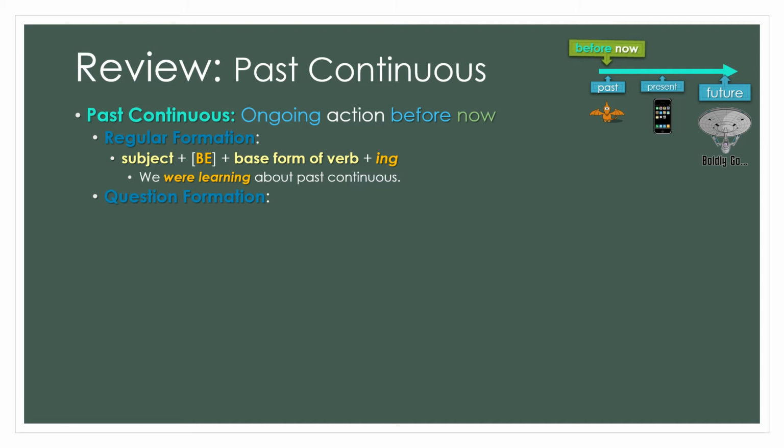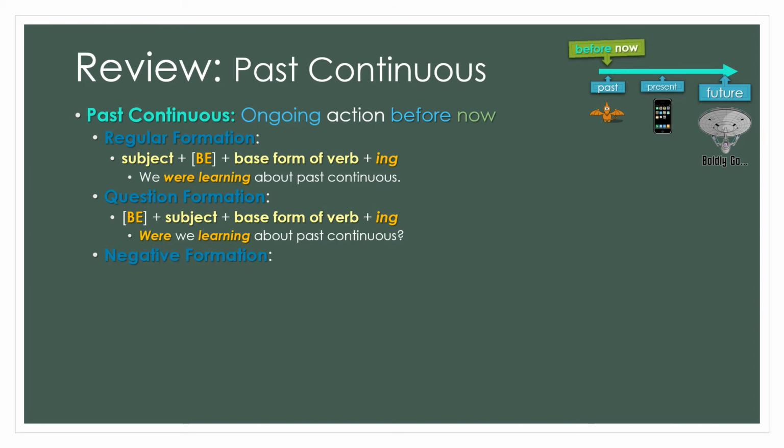To form a question in the past continuous, you start with the verb be in the appropriate form in the past tense, then you have the subject, and then you have the base form of the verb plus ing. For example, were we learning about past continuous?